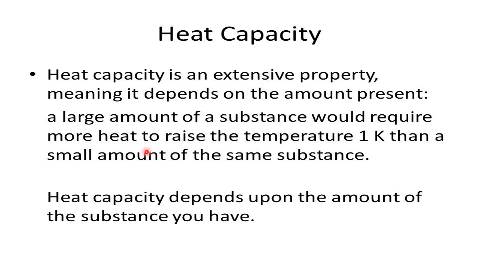So a large amount of a substance would require more heat to raise the temperature by 1 Kelvin than a small amount of the same substance, for example the 1 kilogram and 10 kilogram iron I just gave. Heat capacity depends upon the amount of the substance you have.